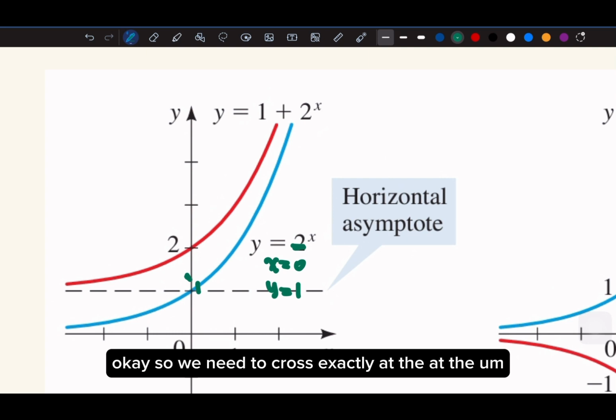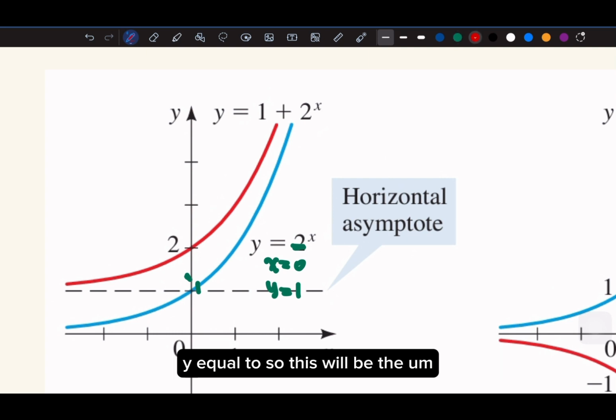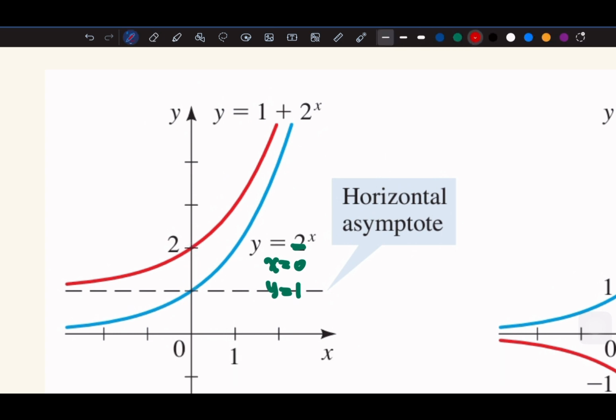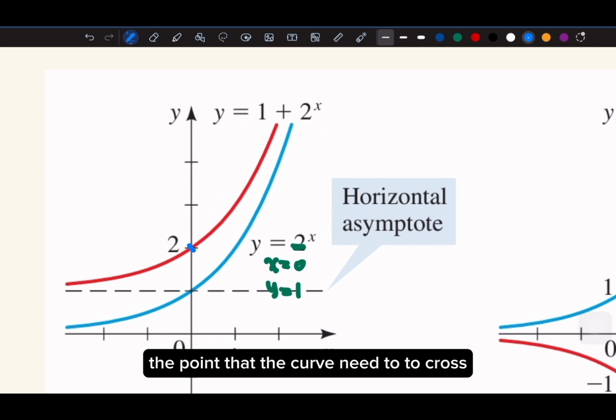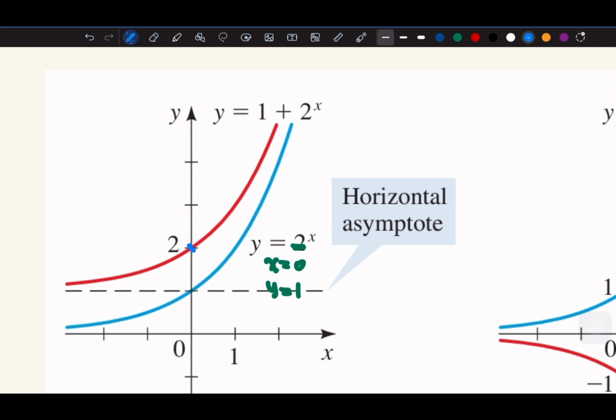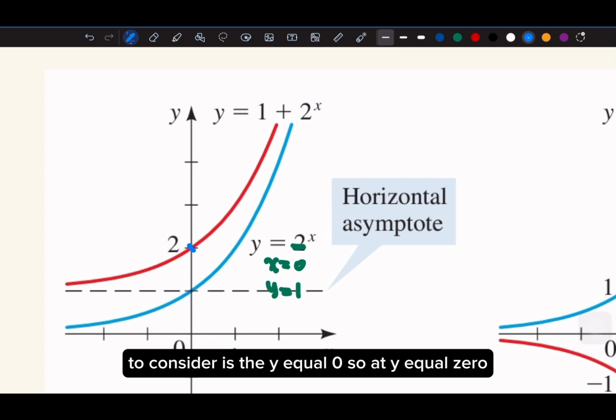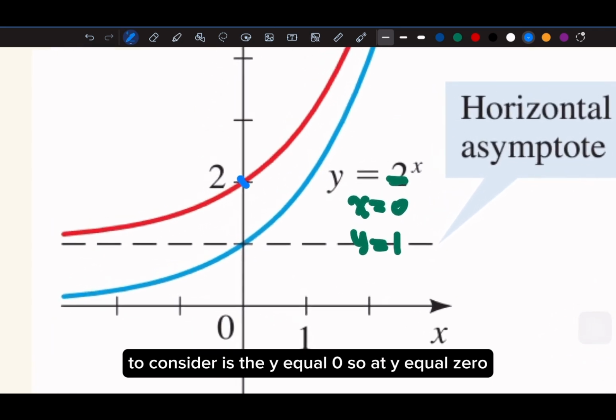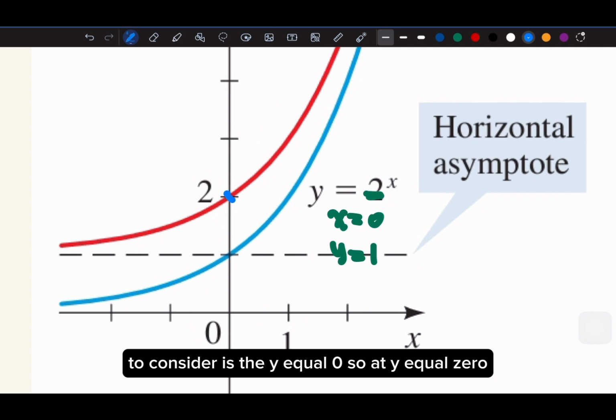Okay, so we need to cross exactly at y equals 2. So let me just erase for a while. So this will be the point that the curve needs to cross. Okay, and then what else we are going to consider is y equals 0.